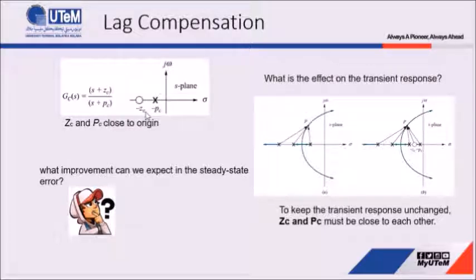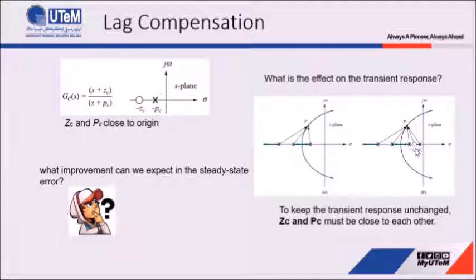And then, in order to make sure there is no change in the transient response, we have to put this zero close to this pole. Let us look at the same example as the PI controller. We use the same root locus result here with three poles. When we add this lag compensator, we add a pole close to the origin and a zero close to this pole.